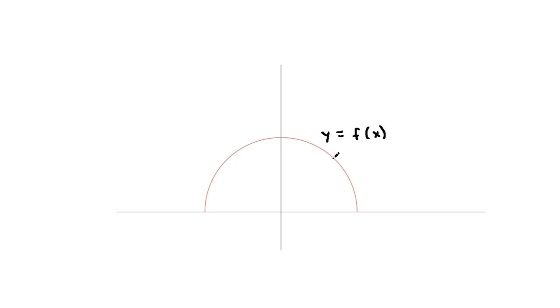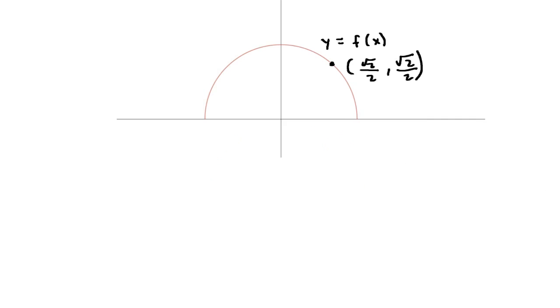Let's look at a point here, square root of 2 over 2, comma, square root of 2 over 2. Let's look at the derivative at that point.